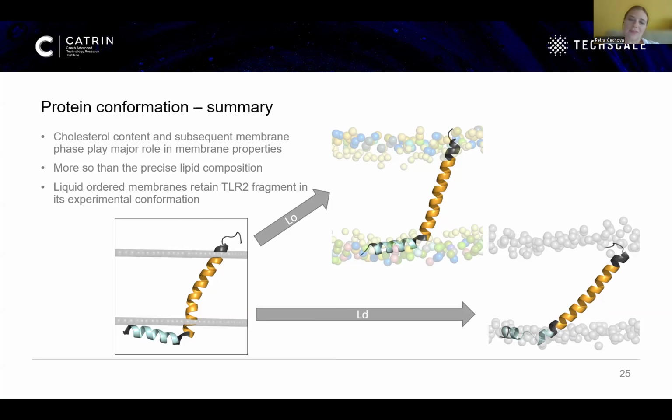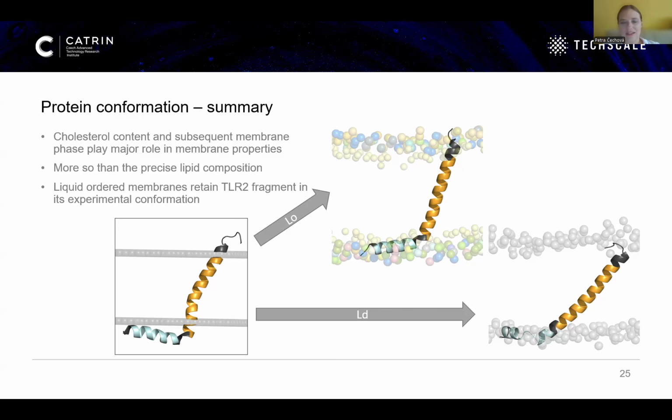On the other hand, if we have the liquid disordered membranes, the protein is more tilted, more unwound. We see some changes, and the whole thing is more dynamic, especially across the 5 replicas.